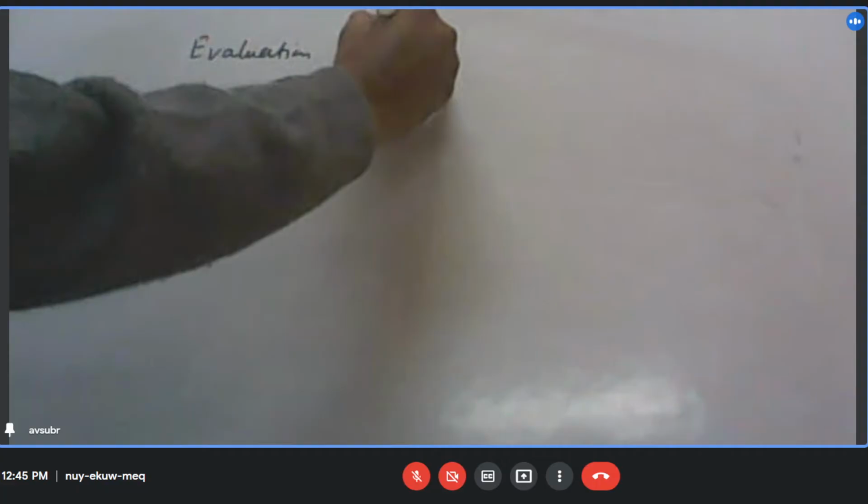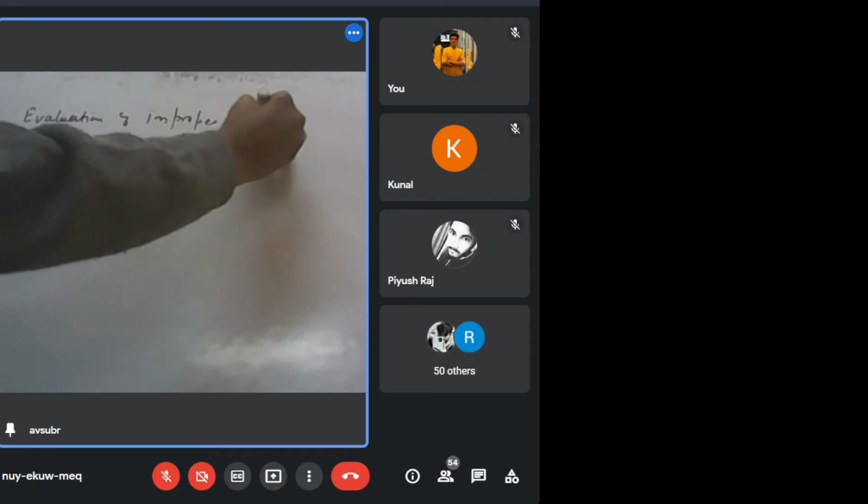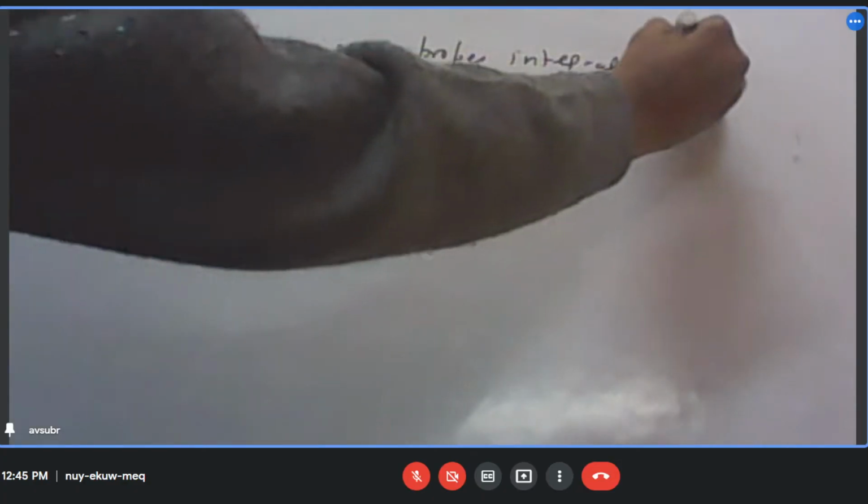So if I want to evaluate an integral, how can I do it? First of all, I am going to apply this logic for the evaluation of the improper integral of the first type.